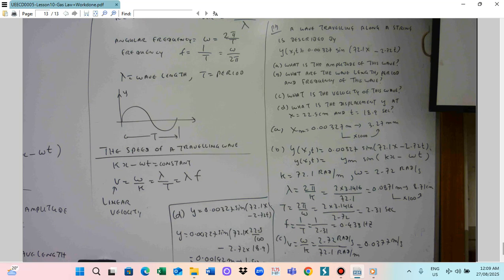Comparing with y(x,t) equal to 0.00327 sin(72.1x minus 2.72t), you can see ym is 0.00327, k is equal to 72.1 radian per meter.